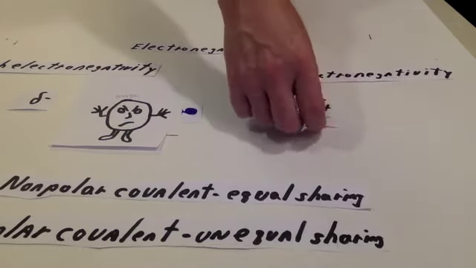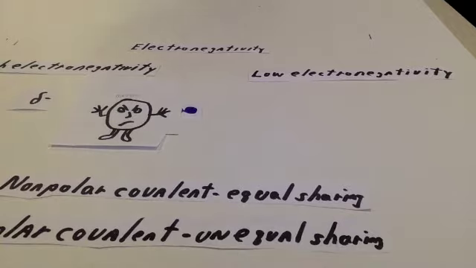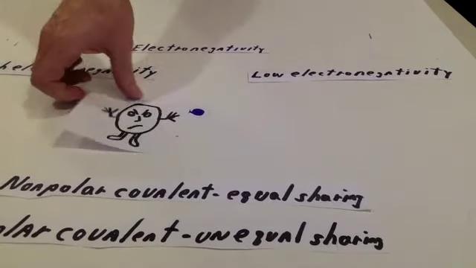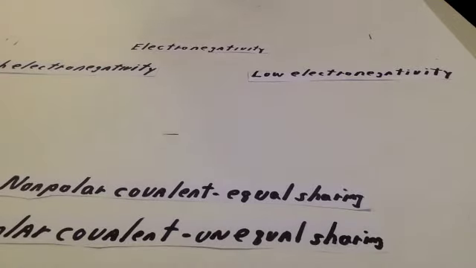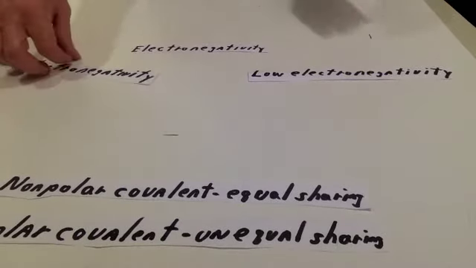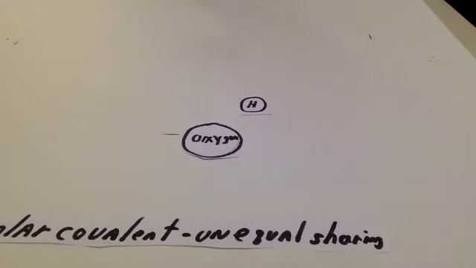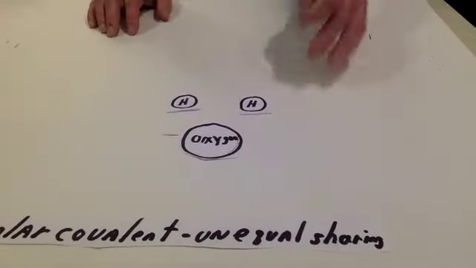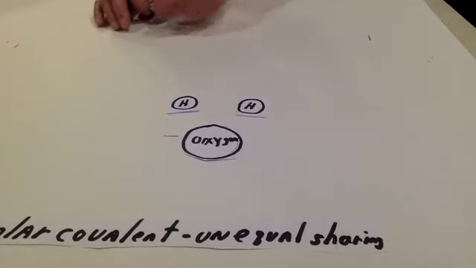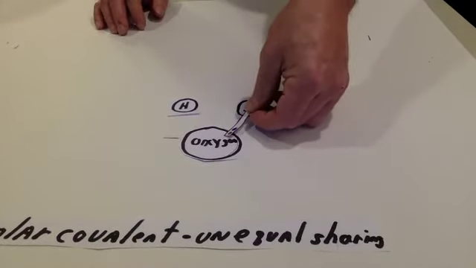So now let's take a closer look at the structure of a polar covalent bond in water. Let's take an oxygen, let's bring in a hydrogen, let's bring in the other hydrogen. So this hydrogen is going to form a single covalent bond with oxygen.